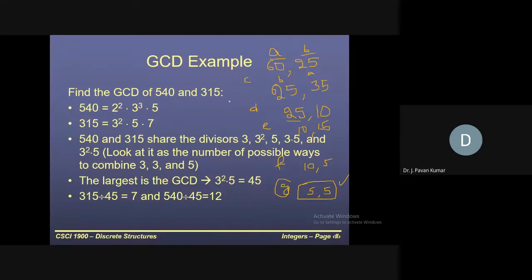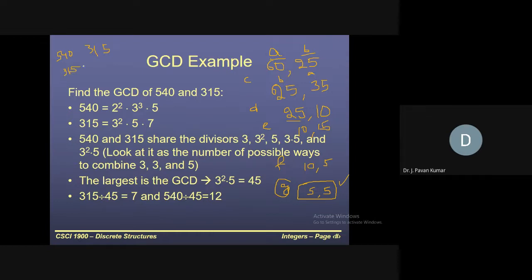Shall I take another example and tell? Yeah, 315 and 540. Let us try to do. In general, A we will be taking as a larger number, 540. So what's the minimum one? 315.